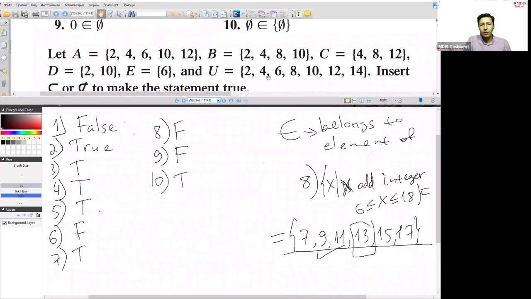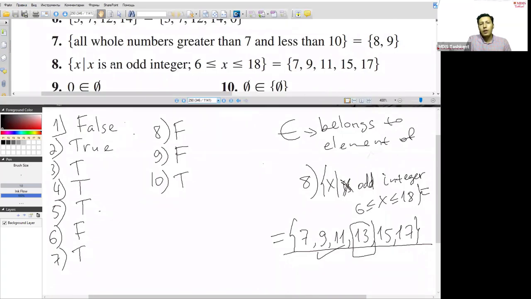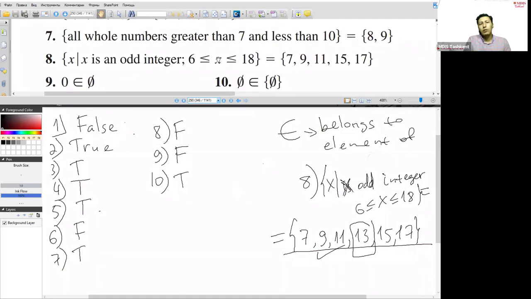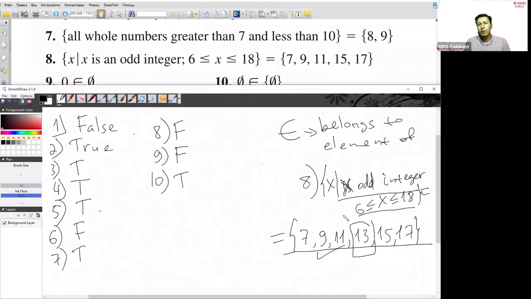Number 8. x is an odd integer, which is between 6 and 18. So the odd numbers between 6 and 18 are 7, 9, 11, 13, 15 and 17.